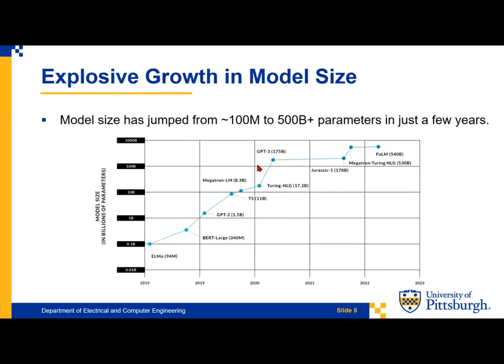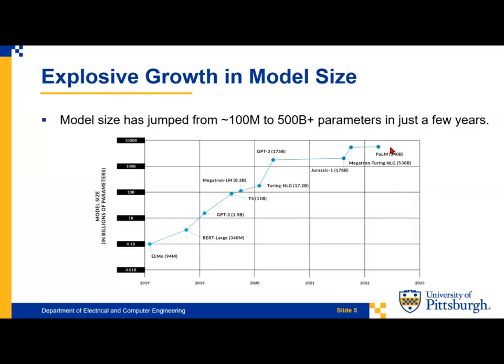This slide shows the explosive growth in model size. The x-axis is the time, from 2019 to 2023. The y-axis is the model size, the number of parameters. You can see that in 2019, the model size was just 100 million parameters, and after 2022, the model size increased to 500 billion parameters.